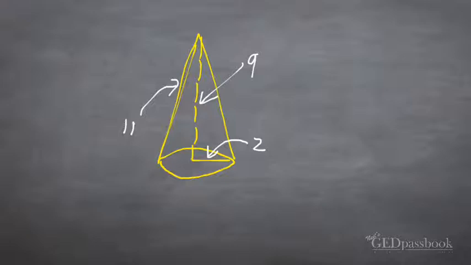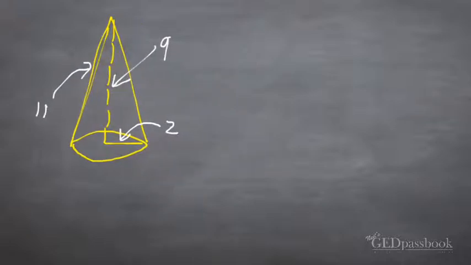Can somebody please tell me, what is the surface area formula of cones? That's always step number one. Find your shape, find the formula. Okay? So tell me, you guys, what is the formula to find the surface area of a cone? I know it starts like this. You guys can finish it off for me.